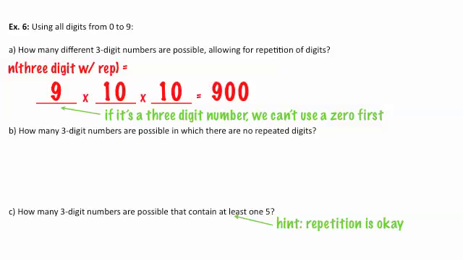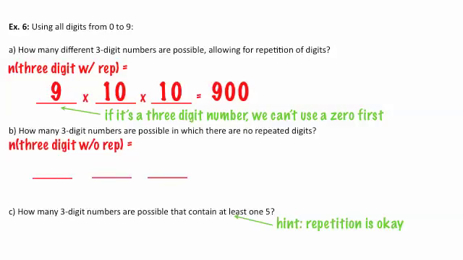So let's look at another restriction here. How many 3-digit numbers are possible where there's no repetition of digits allowed? So 555 would not be an allowed number here. So for the number of 3-digit numbers without repetition, let's set up our 3 spots.